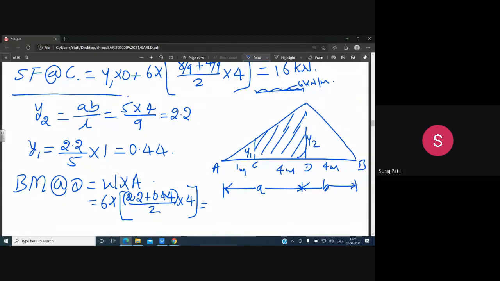Okay, everyone is getting the same. Yes, sir. 31.68 kilonewton meter will be the bending moment at D point.